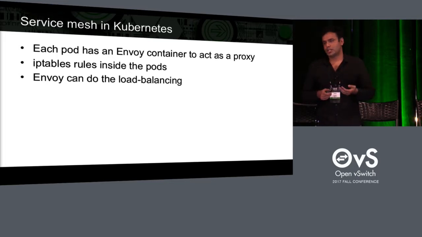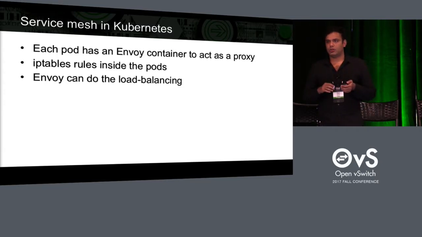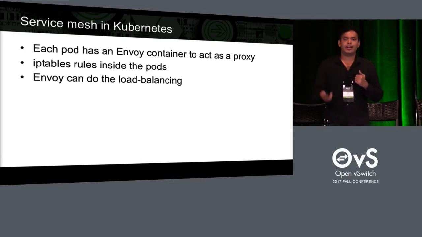It provides you all these layer 7 related services, but the penalty is that each container needs to have an Envoy proxy. Envoy itself is controlled by a central authority called Istio, and your packet will hit the Envoy proxy before it hits OVN.